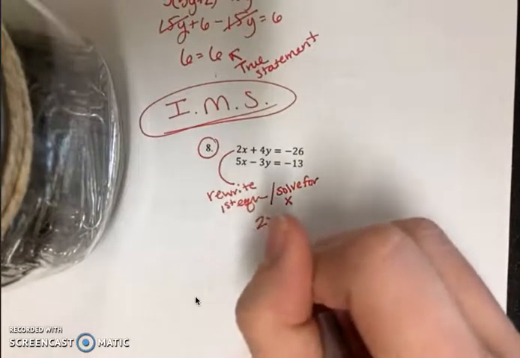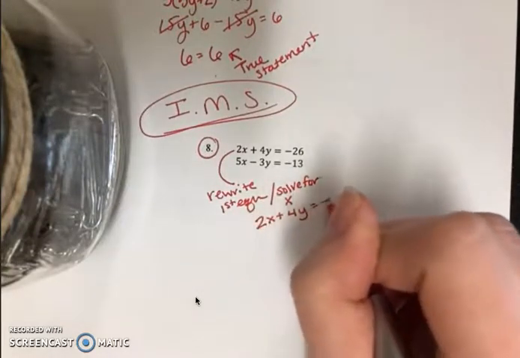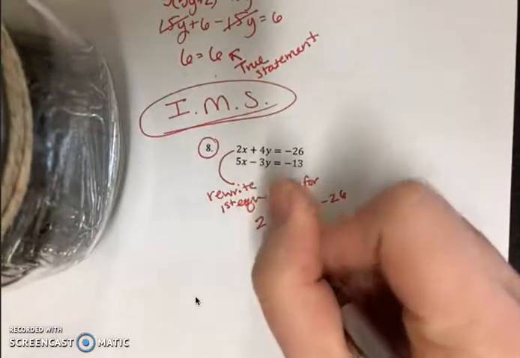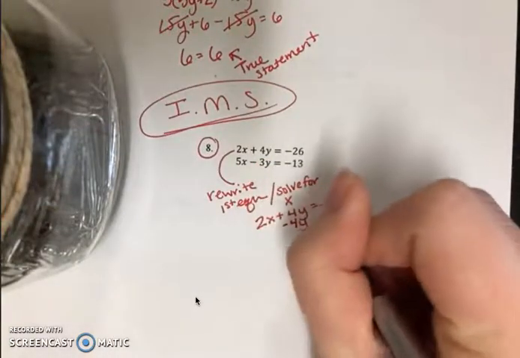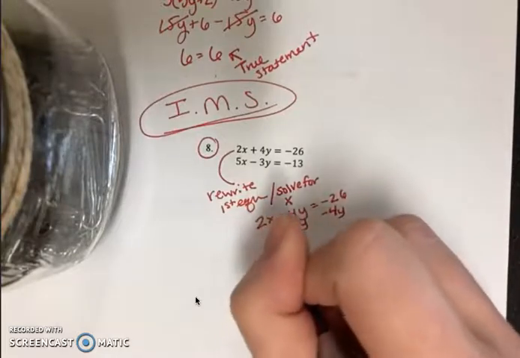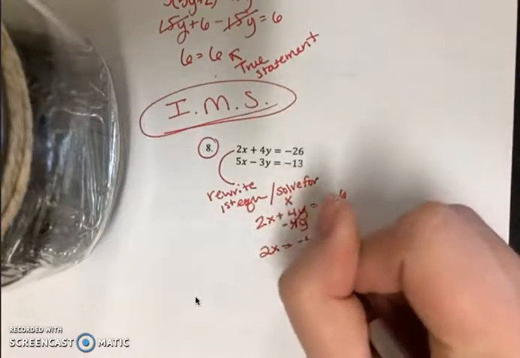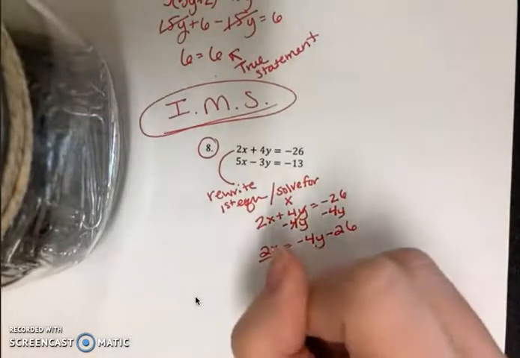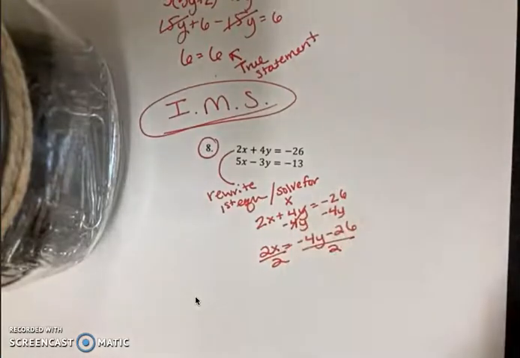So if I have 2x plus 4y equals negative 26, to solve for x, I'm going to subtract 4y from each side. So you can see what I have here. And now I'm going to divide each side by 2.